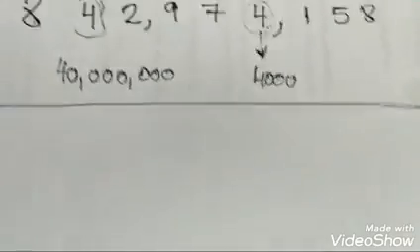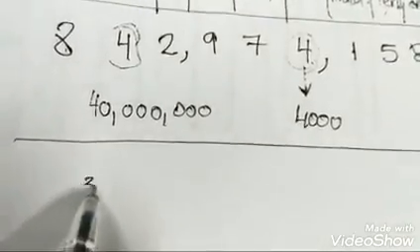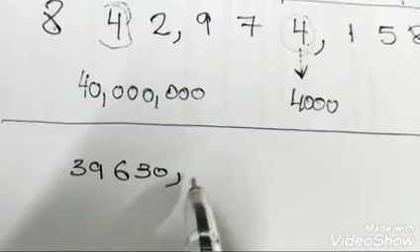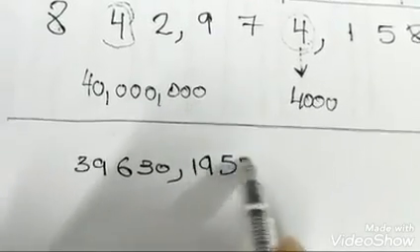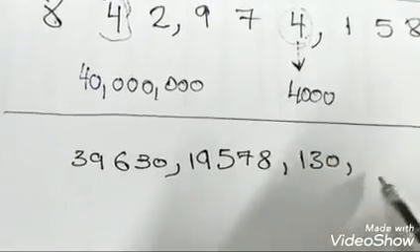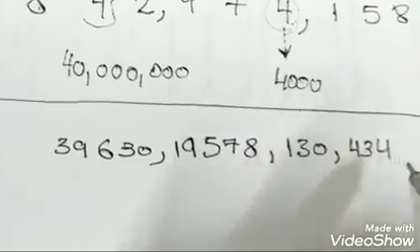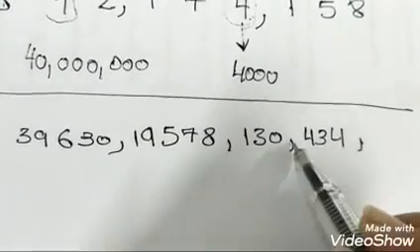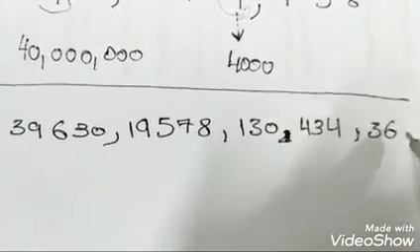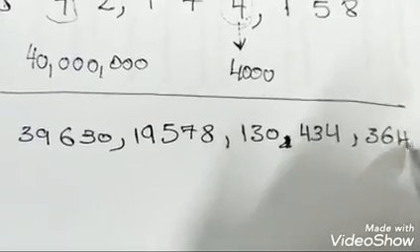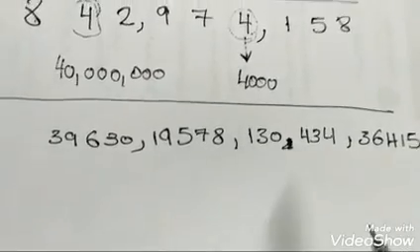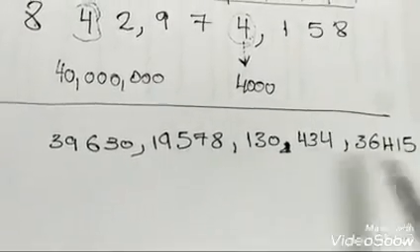Now I have some numbers: 39,630, 19,578, 130,434, and 36,450. The required here is to order these numbers.